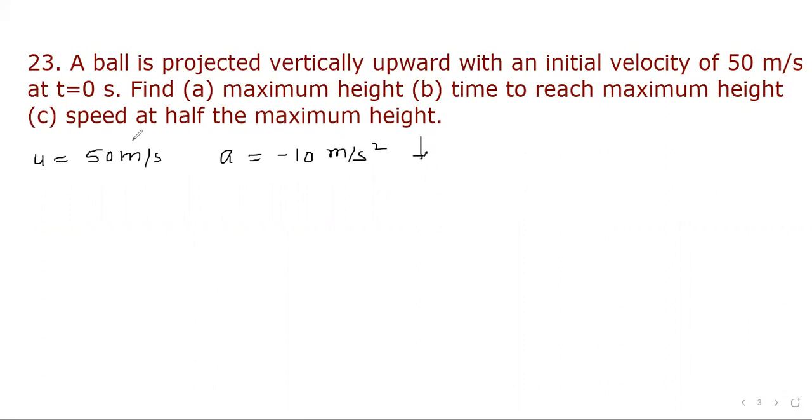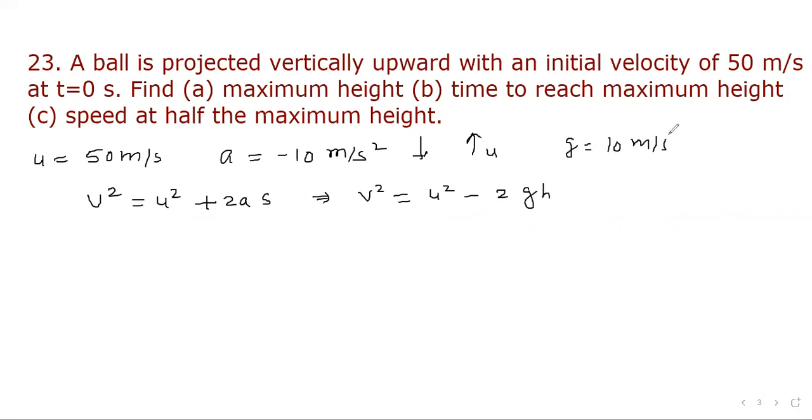It means it is downward, and the velocity is upward. So we can apply the formula v square equal to u square plus 2as. Here it will become v square equal to u square minus 2gh. So g is here 10 meters per second square. So at the top, final velocity will become 0.